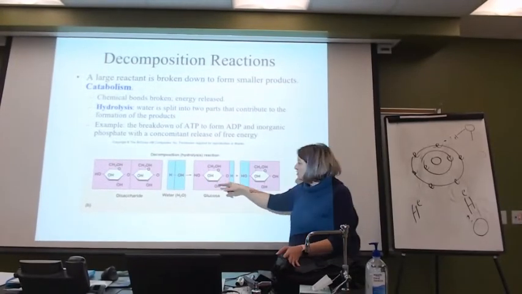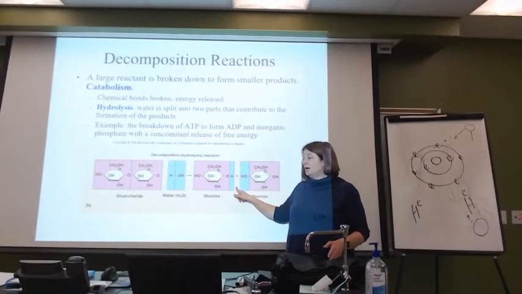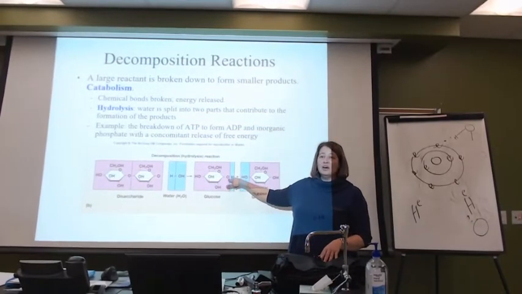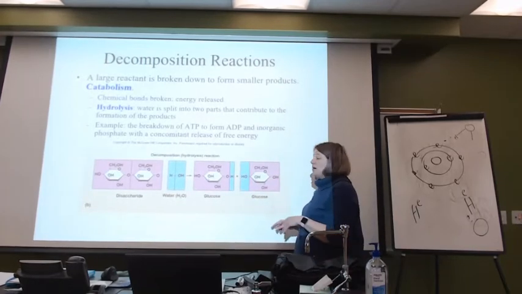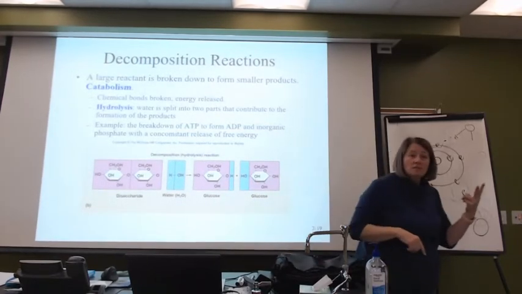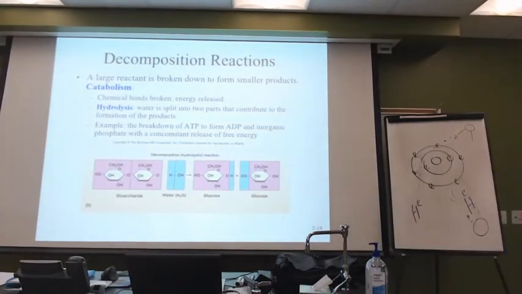And by doing that, it breaks the bond, and H goes to the O, HO to the hydroxyl group, and I now have 2 glucoses, the smallest molecule our cells can use. And I can now utilize that sugar I ate.